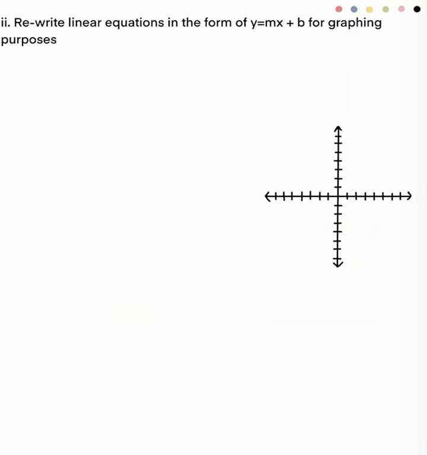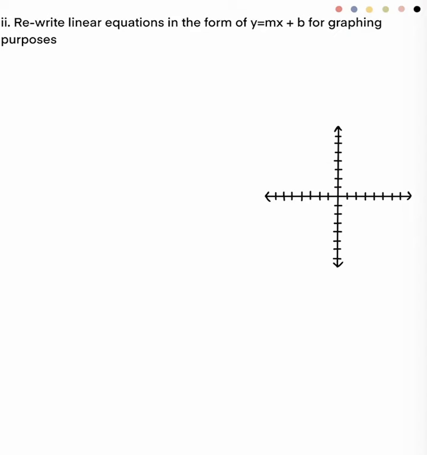Let's move to our second learning goal, which is rewriting linear equations in the form of y equals mx plus b for graphing purposes. Let's change this back to black. Okay, so let's say you have two different lines.